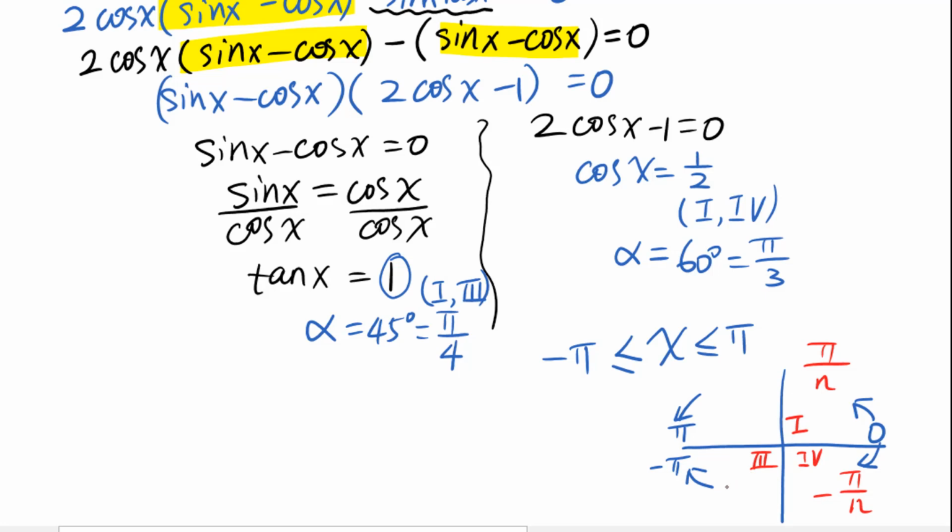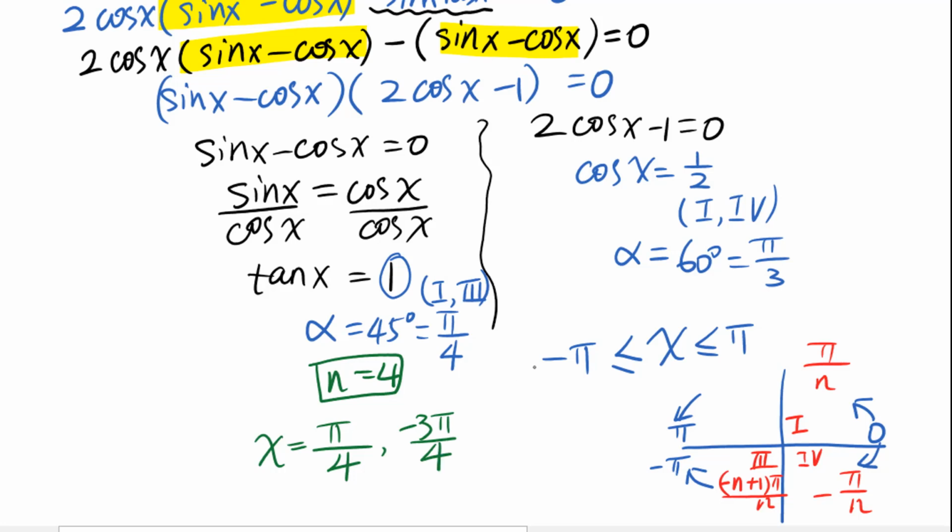And for the third quadrant, you have negative n plus 1 pi over n. Therefore, when n equals 4, in the first and then the third quadrant, x equals pi over 4 and negative 3 pi over 4.